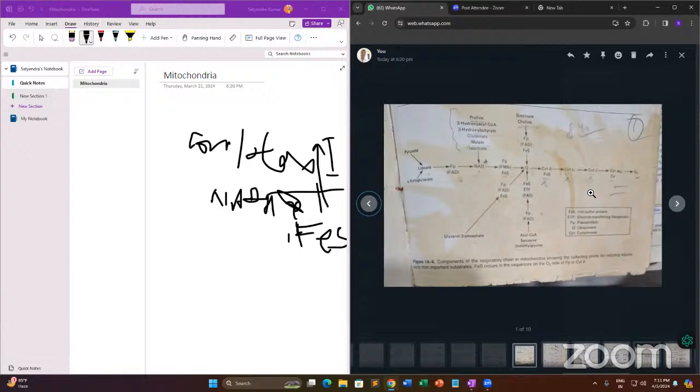Brown fat is nothing but adipocytes that contain a large number of mitochondria. A large number of mitochondria means they also have the cytochrome system, and the cytochromes contain copper. So they absorb a certain wavelength, and that is why the tissue appears brown. That's why it is known as brown fat.